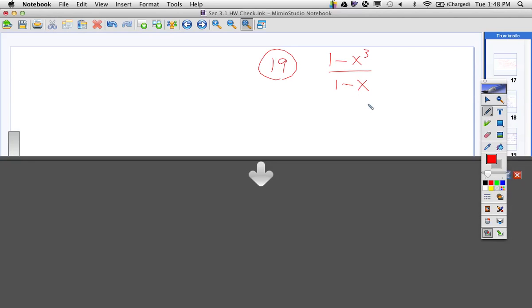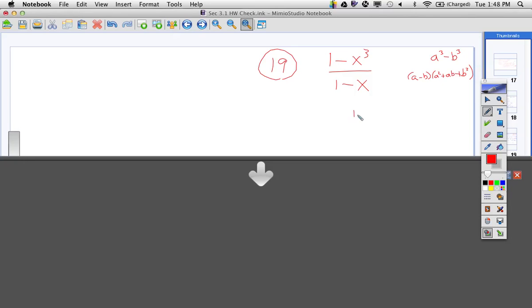In Algebra 2, there was a rule for factoring a difference of cubes. It was a minus b times a squared plus ab plus b squared. So I don't expect you to memorize that. I can't think of a time on the repeat test anybody ever needed to know that.